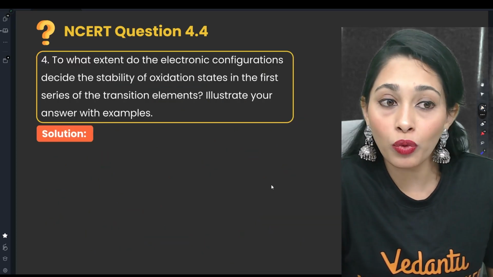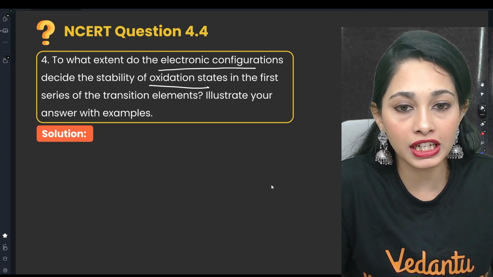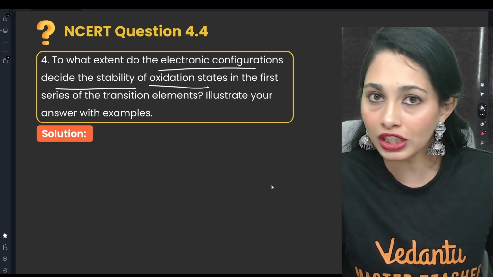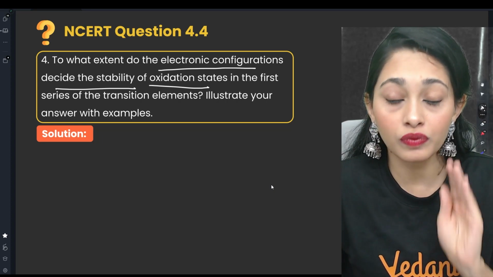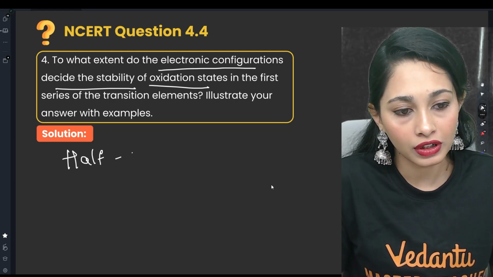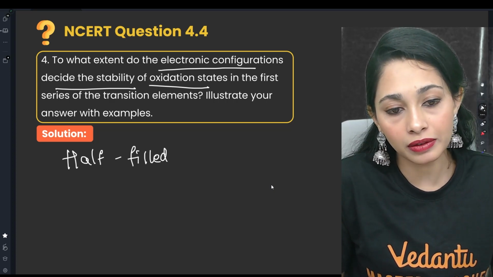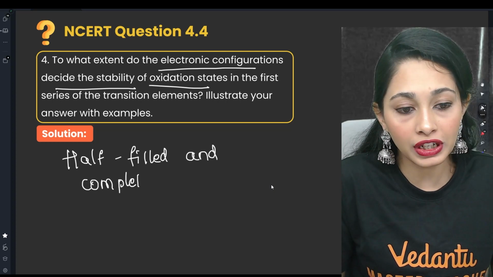The question is, to what extent do the electronic configurations decide the stability of oxidation states in the first series of the transition elements? Illustrate your answers with example. First and foremost, we need to remember this half filled and completely filled orbitals.